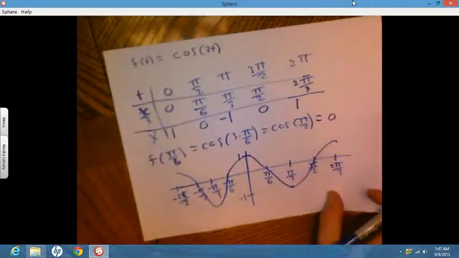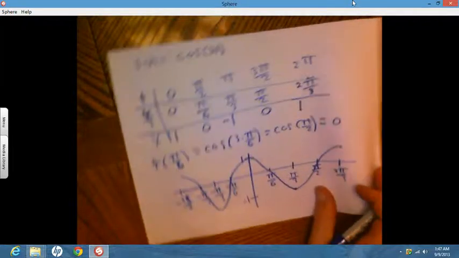Okay. Now I'm going to do an example that uses both a and b, not 1. And for that, I am going to look at the function f of t is equal to 5 times the sine of 1/2 t, or the same as t divided by 2.